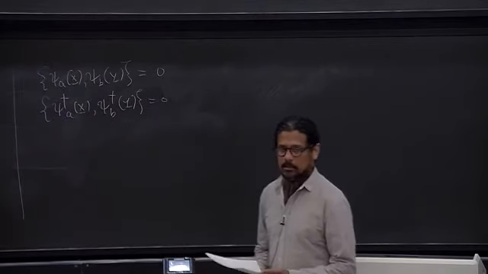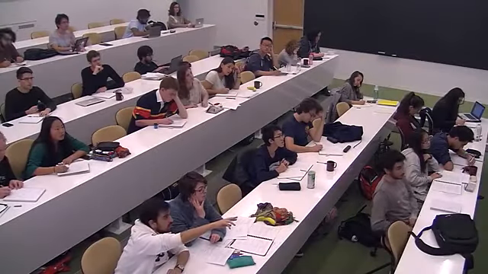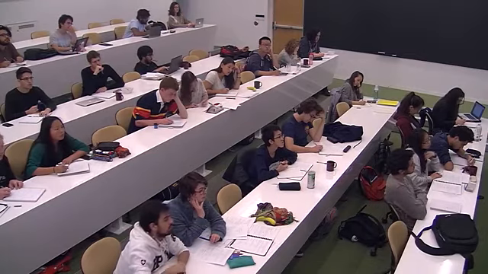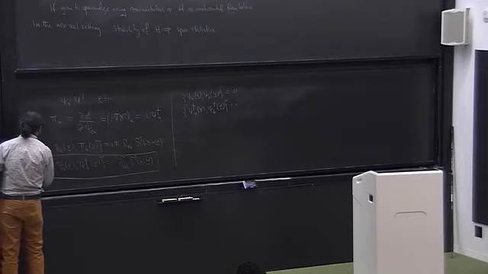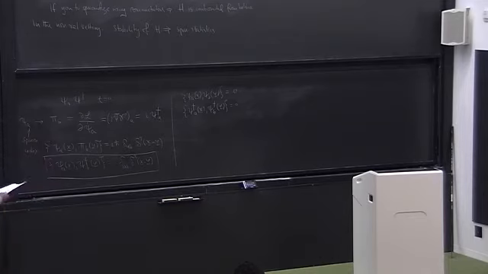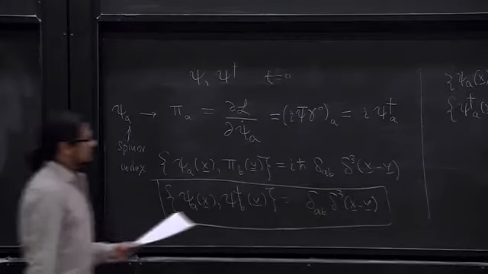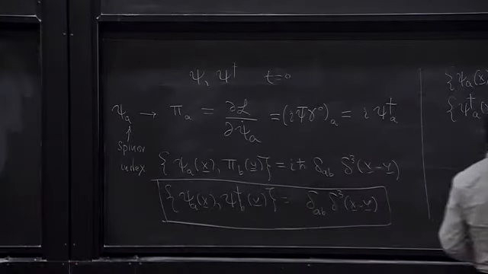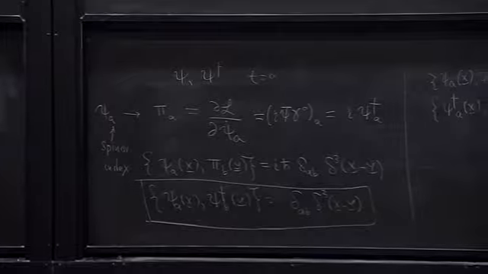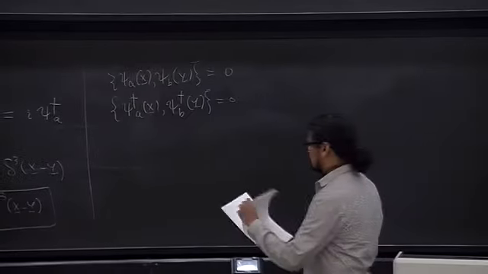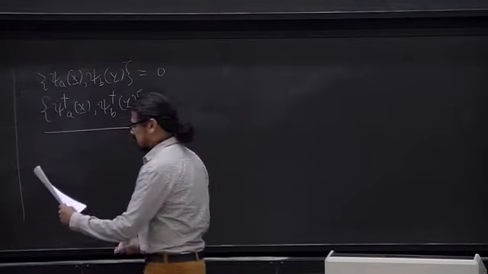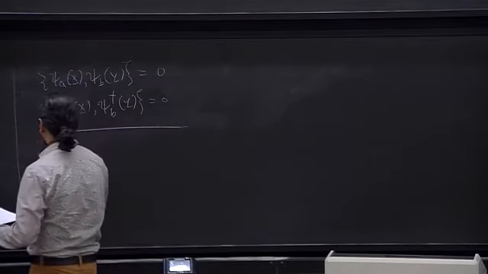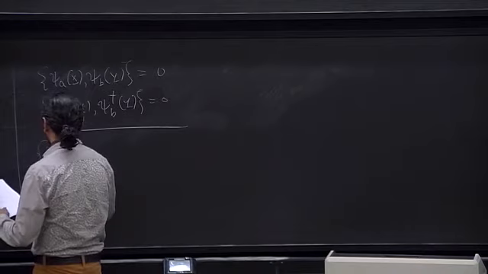Yeah? What is the index? The subindex here, a, is a spinor index. Oh, this is a spinor index. So if we now translate these anti-commutation relationships into Fourier space, then the modes have to satisfy these anti-commutation relationships.